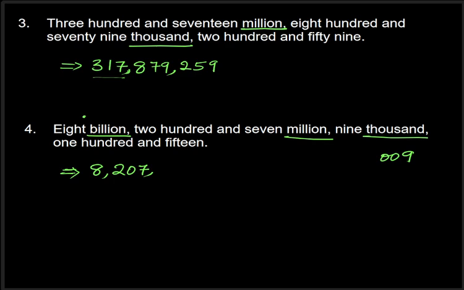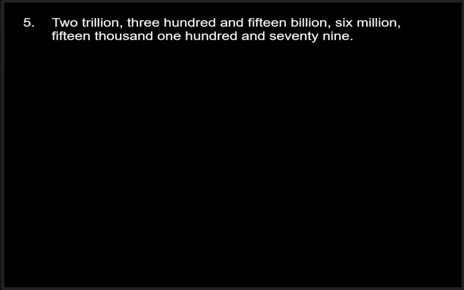So we have not changed this thing. 009 is still the same thing as 9. So we have here 009 and then 115. So that's 8,207,009,115. Okay, we proceed to the final question before you take yours.